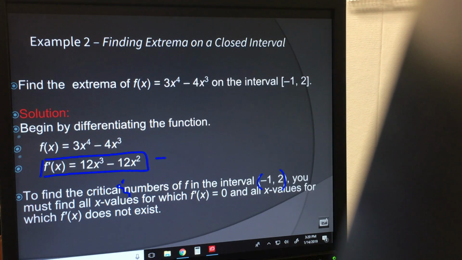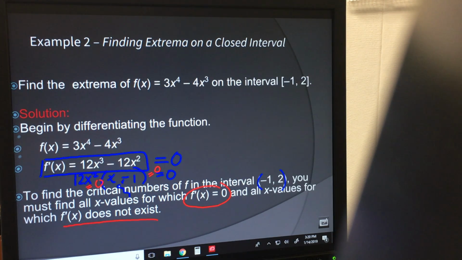So we set this equal to 0 and solve for x by factoring out the 12x^2. You'll get the other factor to be x - 1, and set each factor equal to 0. And then find all x values for which the derivative does not exist.